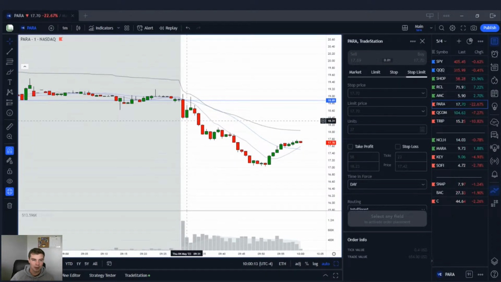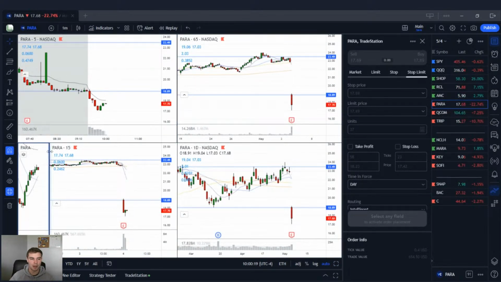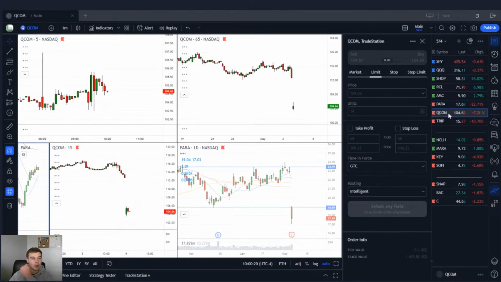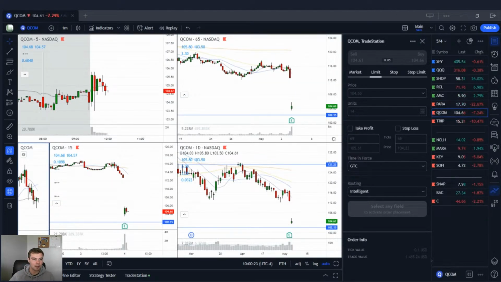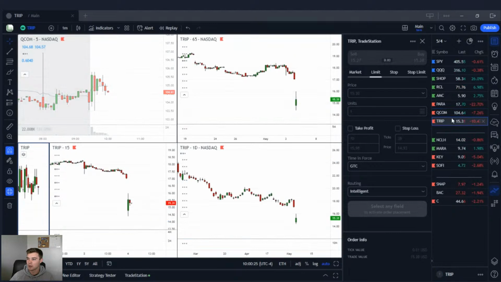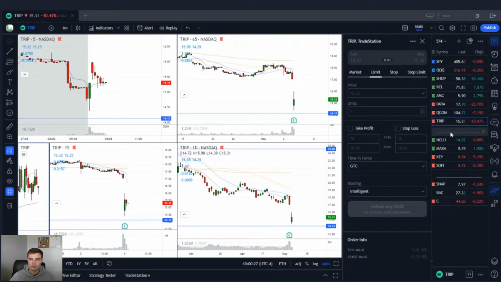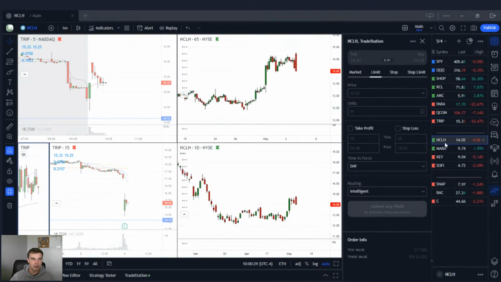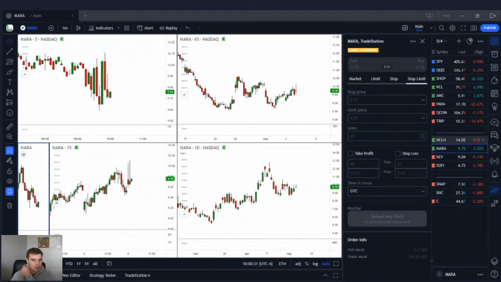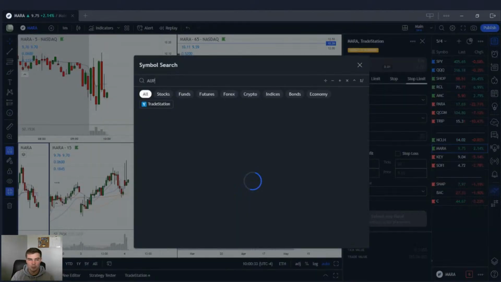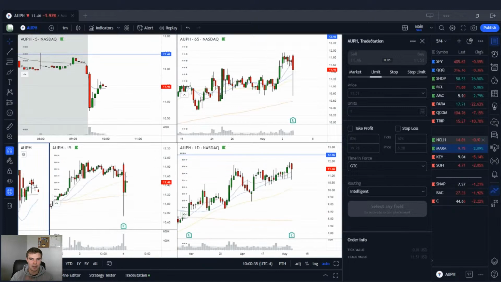Honestly, I don't even know if it's actually a sell setup. By definition, it might not be. You need two higher highs and higher lows for that, but I don't think we had it. Nothing on TRIP. NCLH has been utterly bad. This is AUPH, my backup idea. Did it do anything? Nope.